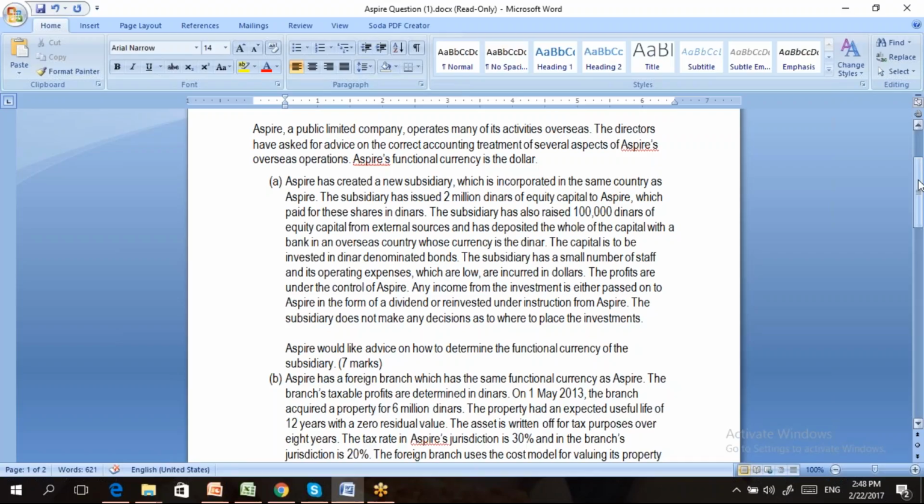Funding activities appear to be the main consideration. It receives its receipts in dinars as well, which is obviously a consideration under IAS 21.